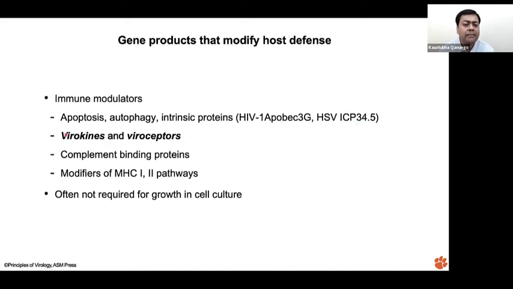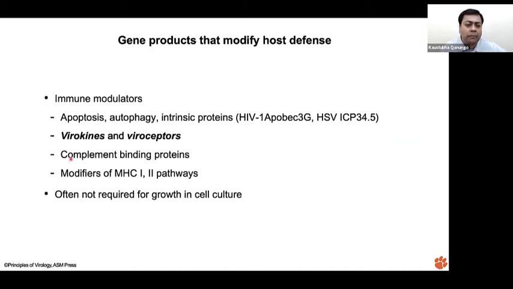Along with that, many viruses produce virokines and viroceptors. Usually these are produced by the large DNA viruses because they have a large number of genes which can code these. So what are these? They can produce the cytokines or the receptors for the cytokines. These receptors are soluble decoys, and the real cytokines released by your cell can be bound to these viroceptors, so the antiviral effect of those cytokines will be reduced.